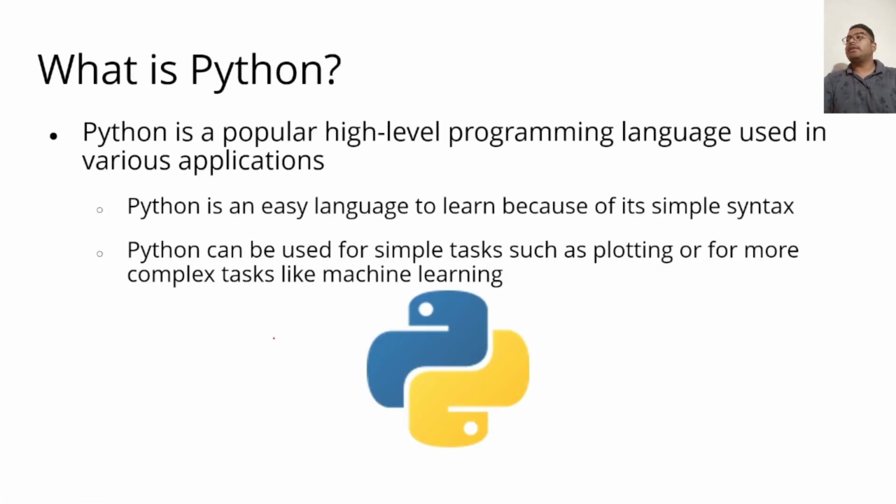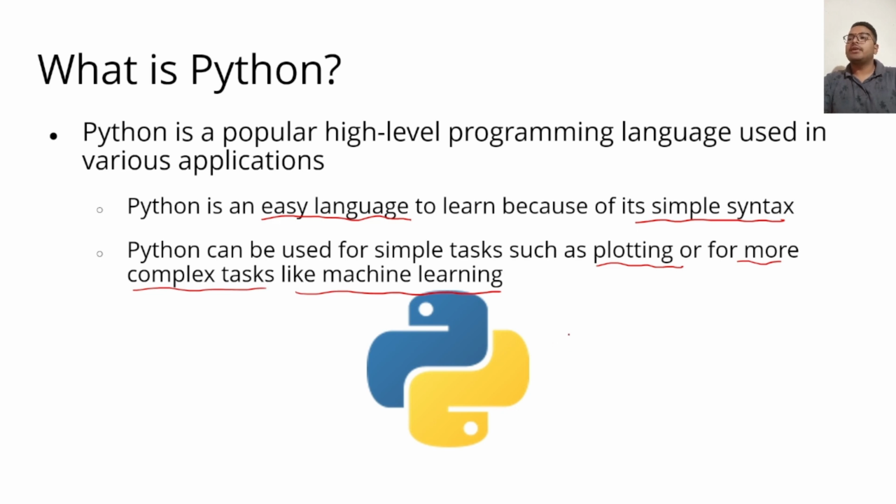Next, what is Python? Python is a popular high-level programming language used in various applications. Python is an easy language to learn because of its simple syntax. Python can be used for simple tasks such as plotting or for more complex tasks like machine learning.